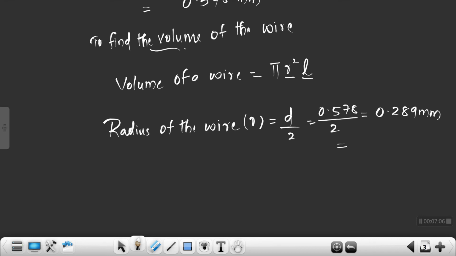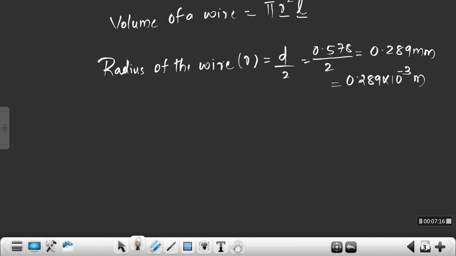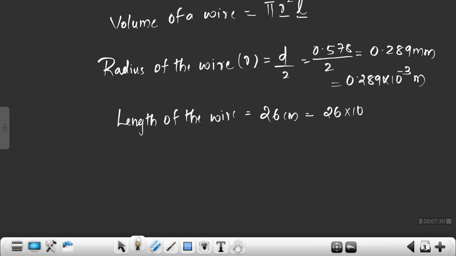So we can convert the millimeter into meter, that is equal to 0.289 into 10 raised to minus 3 meter. Now the length of the wire. Here the length of the wire is 26 centimeter, that is equal to 26 into 10 raised to minus 2 meter.